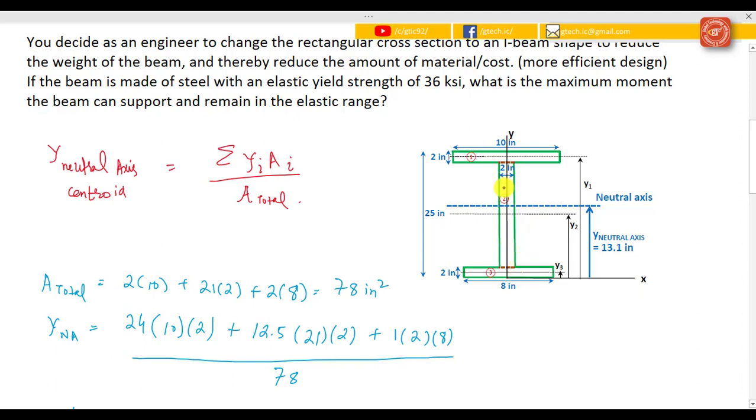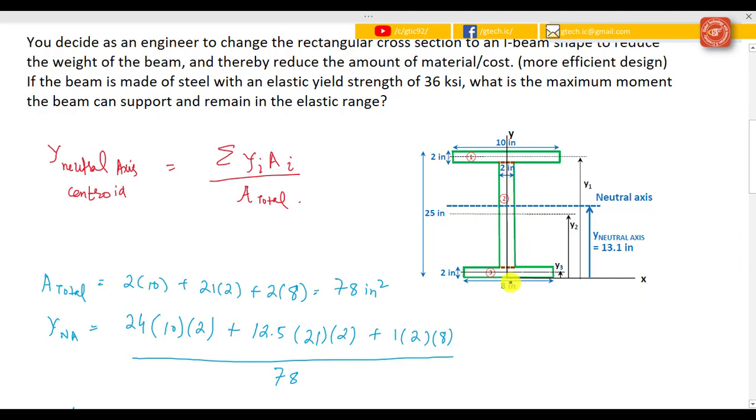For the second rectangular cross section, the length from this point to this point would be 21. Half of 21 would become 10.5, plus 2 gives 12.5, that would be the y2, and multiply by its area, that is 21 times 2.